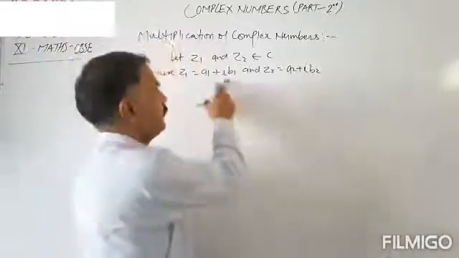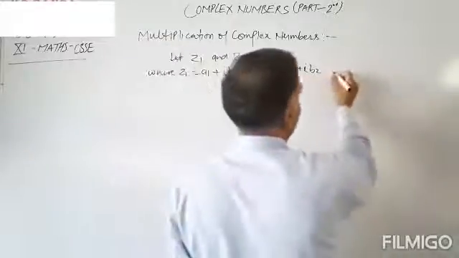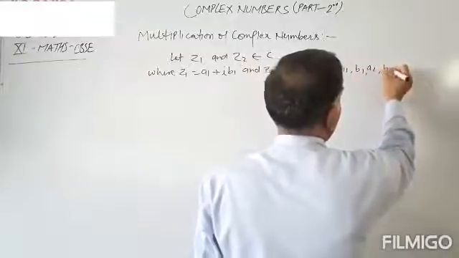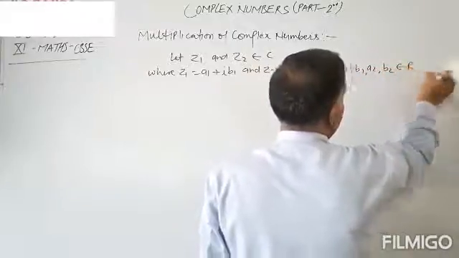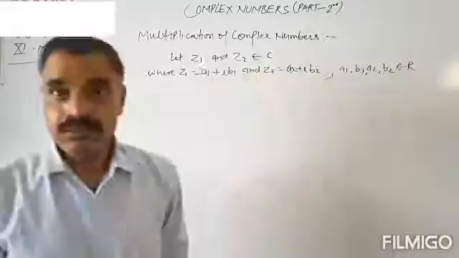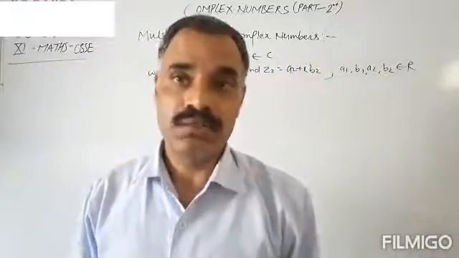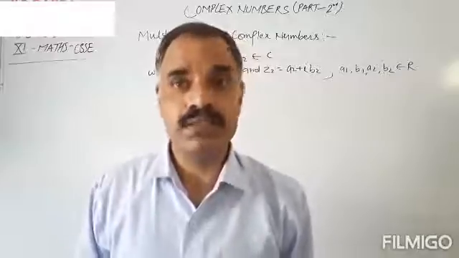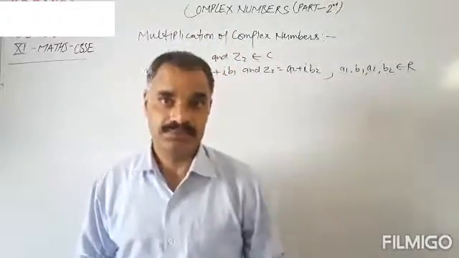A1, B1, A2 and B2, all these are real numbers, means they belong to the set of real numbers. So let us suppose that there are two complex numbers Z1 and Z2. Now we will multiply these.